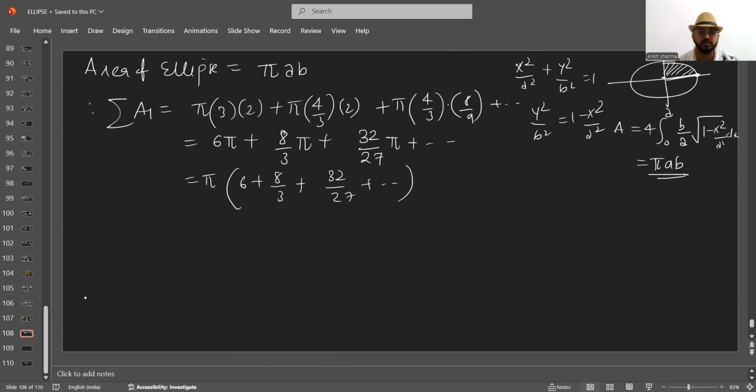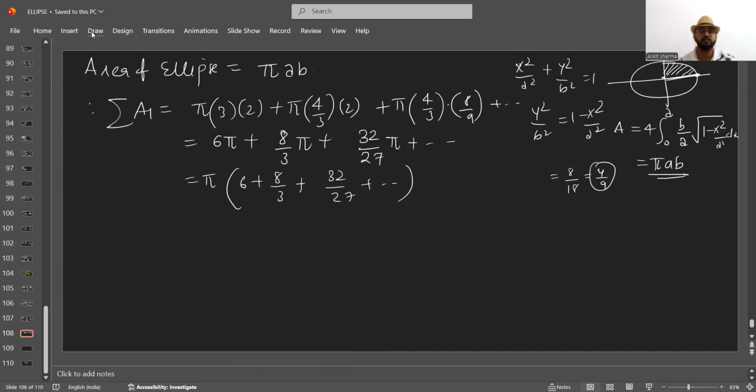It looks like it's a GP basically. So 8 over 3 over 6 would be 8 by 18, so 4 by 9. And 32 by 27 divided by 8 over 3, confirmed. So this is a GP with the common ratio 4 by 9.